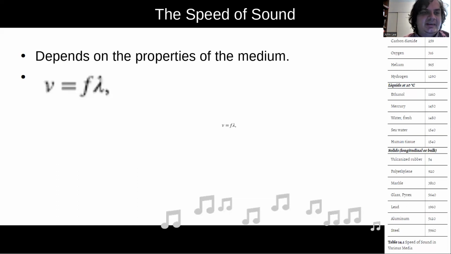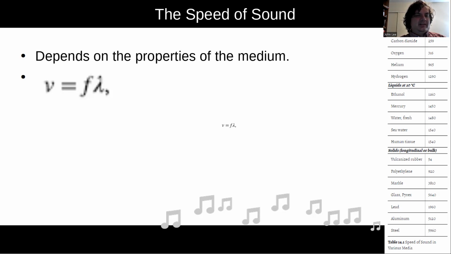And then V is equal to F times lambda, where F is the frequency, which is measured in hertz, and lambda is the wavelength, which is measured in meters. Frequency, as we went over in a previous lecture, is how many times the pattern repeats in a given time period, say 1 second.